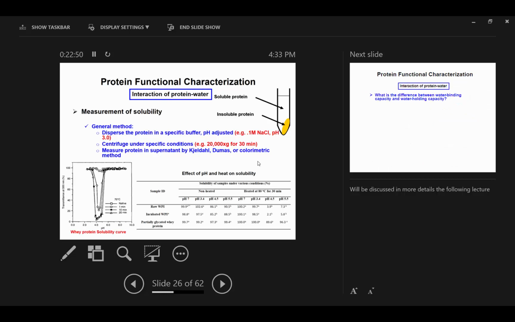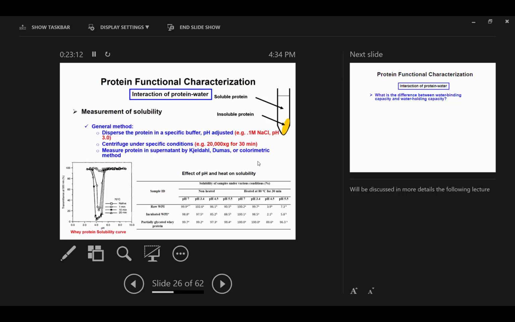So one example, and I think you're going to do something like that in the lab: looking at whey protein isolate solubility, what you can see here from this graph is whey protein isolate, you have pH, and then percent solubility.